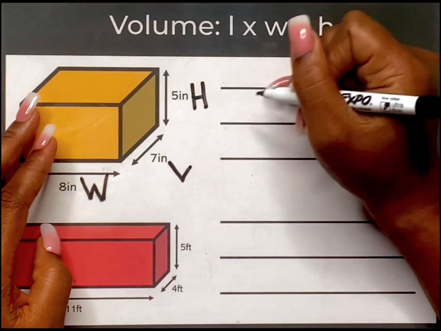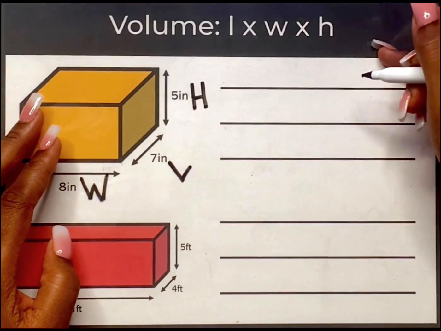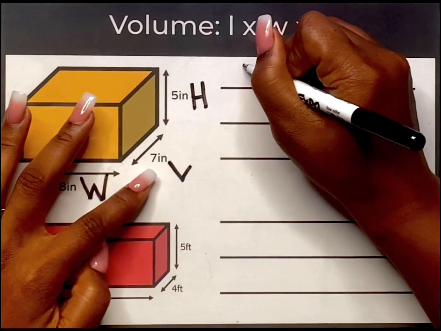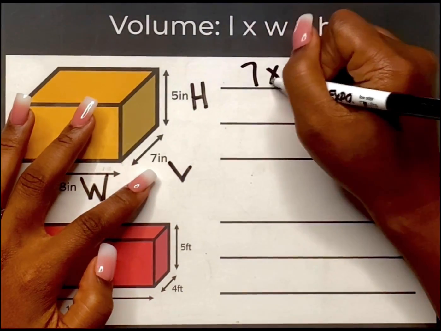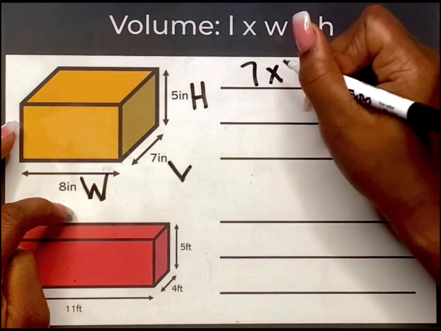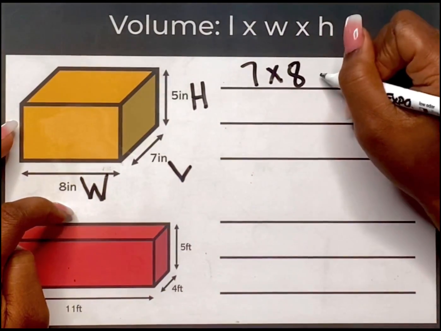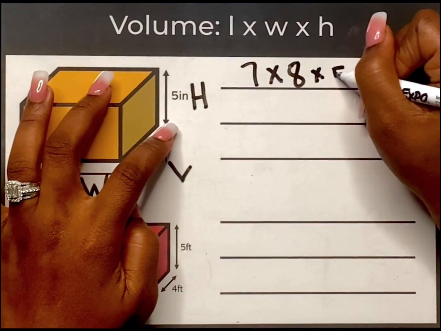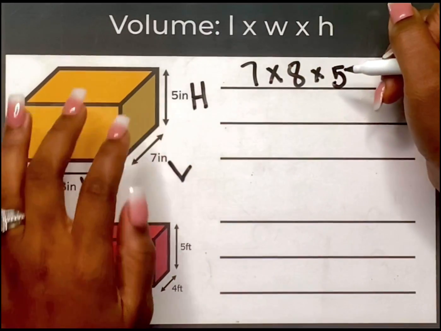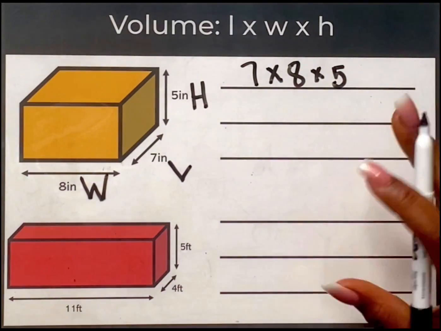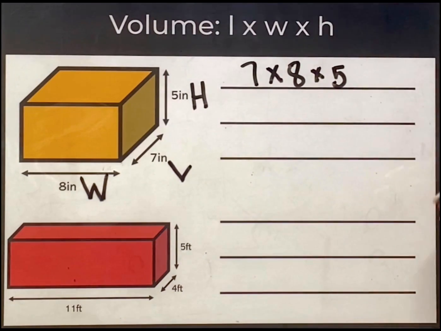Now let's put it in the equation. L, we're going to put 7 times the width is 8 times the height, which is 5. Let's try to find easy factors that we can use some mental math for if we can.